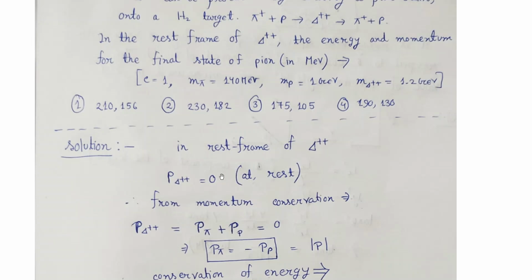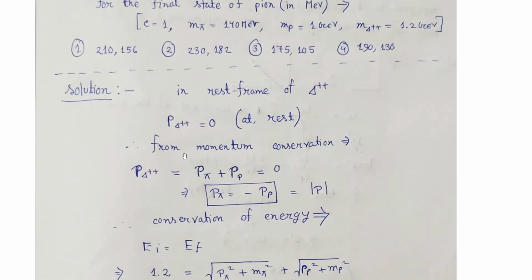So, we can first write the conservation of momentum equation. In the rest frame of delta double plus, the momentum of delta double plus is 0, it is at rest. And from momentum conservation, initial momentum is final momentum.